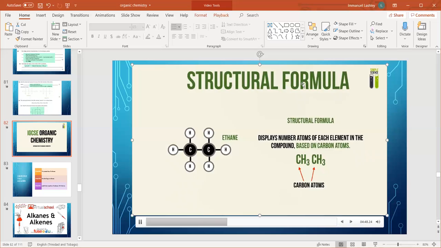In other words, for this example, the first carbon atom is represented as C, and the first 3 hydrogen atoms which surround it are H3. So we have CH3, followed by CH3 again, which represents the second carbon atom surrounded by the second set of hydrogen atoms. So the whole structural formula which describes ethane is CH3CH3.